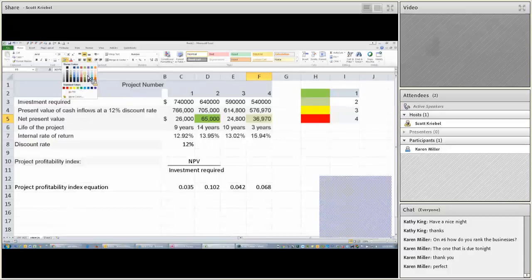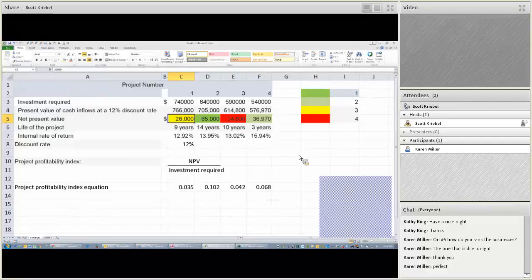Okay, and then the next one would be project number 3, so that gets a yellow. And then oh wait, no, I'm sorry, I mixed that up. Sorry, that should be the red. And then project number 1 would be the yellow. Okay, so that's ranked 3rd. Okay, all right. So that's net present value.